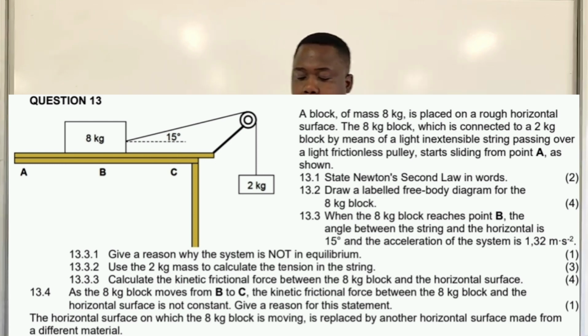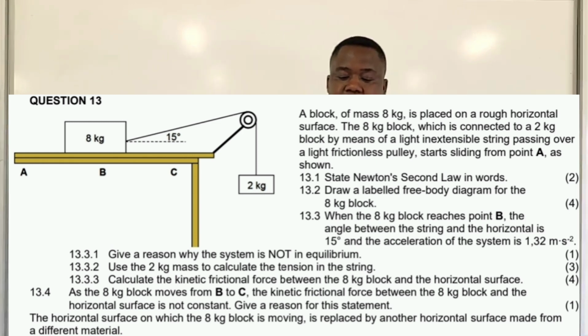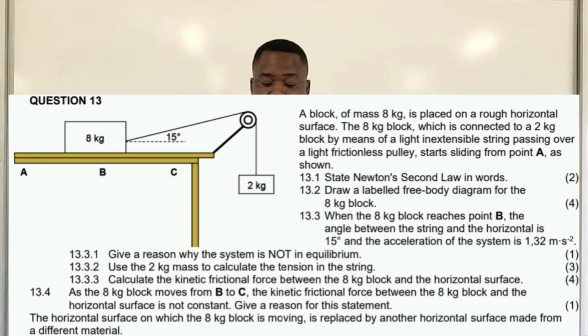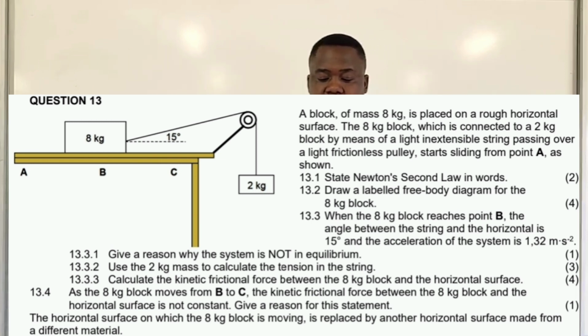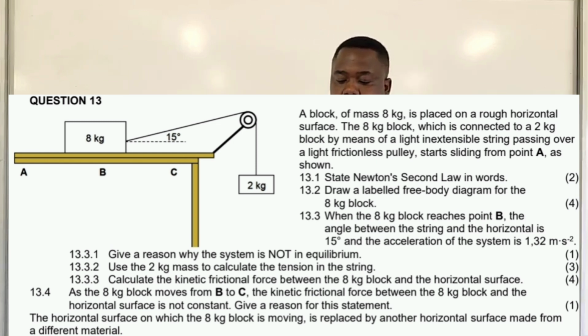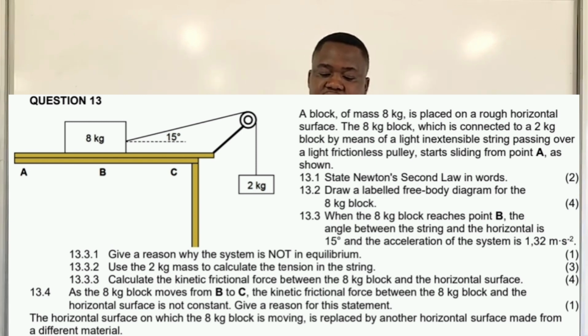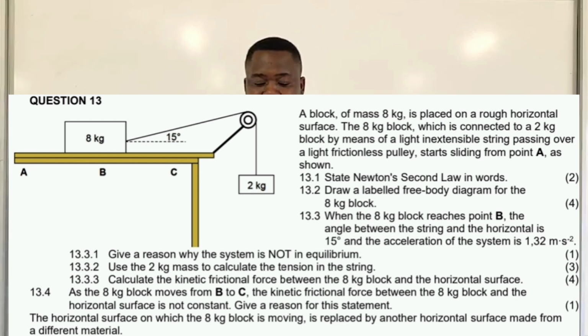It says that a block of mass 8 kg is placed on a rough horizontal surface. The 8 kg block is connected to a 2 kg block by means of a light inextensible string that passes over a light frictionless pulley. Let me read that.